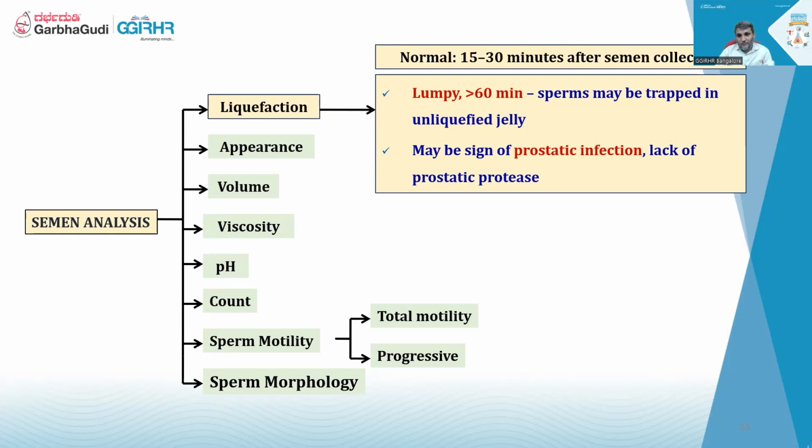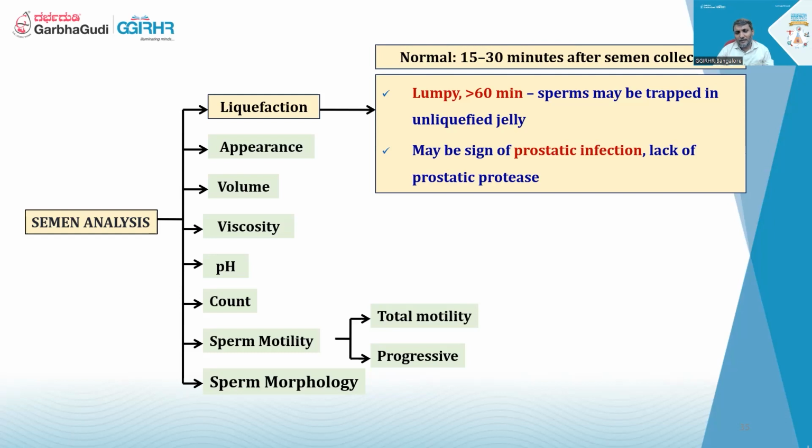If it is still not liquefied, there is a mechanical technique where the embryologist and andrologist will know how to break the clot. So what happens if there is increased duration for liquefaction? I'll discuss it in the upcoming slide.